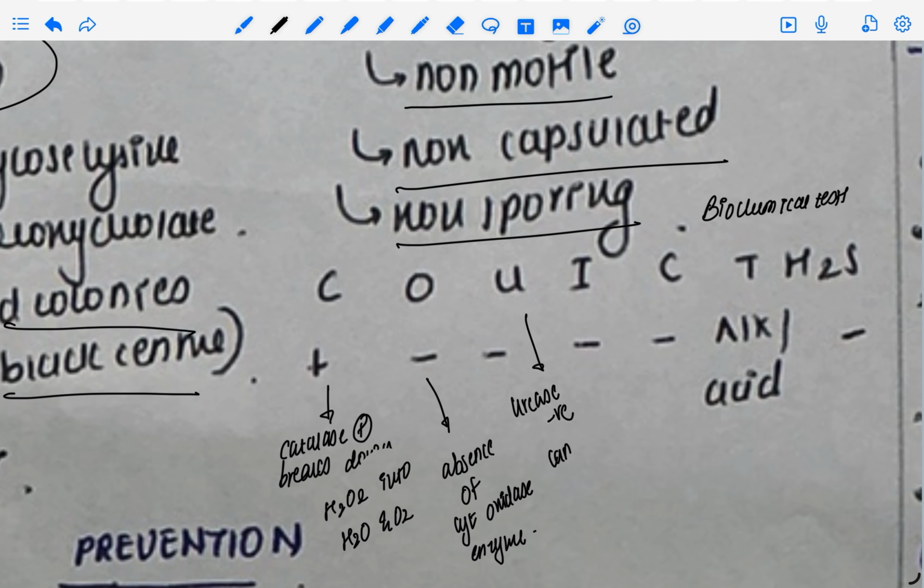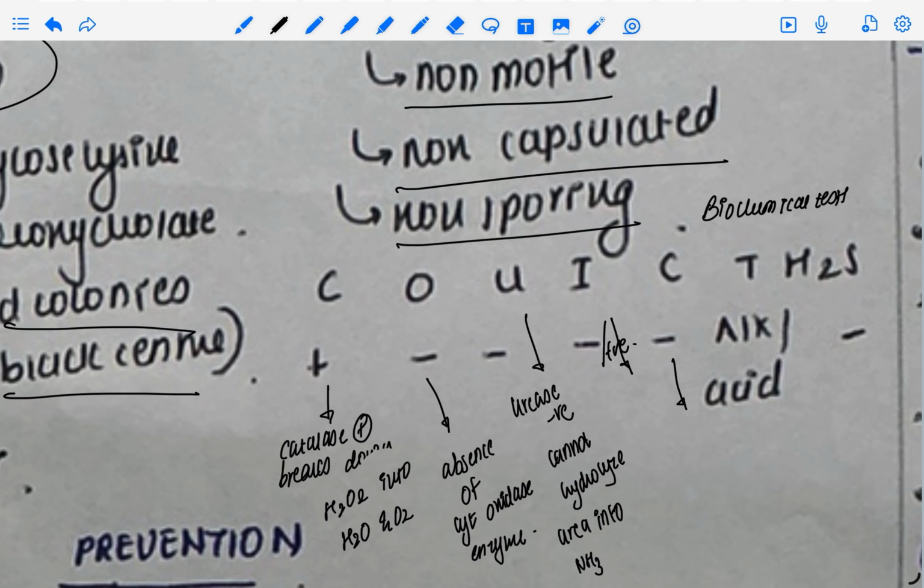It is indole negative. Sometimes it can be indole positive as well, which means some strains are positive and some strains are negative.